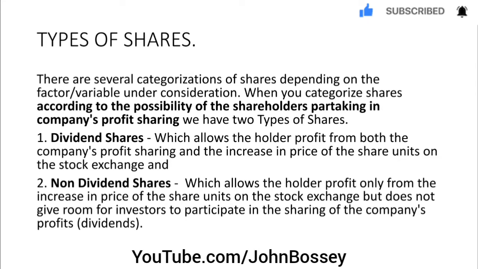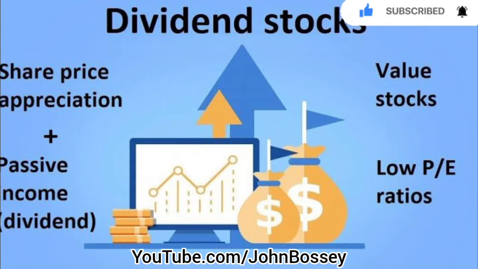Dividend shares, which allows the holder to profit both from the company's profit sharing and the increase in price of the share unit on the stock market, and non-dividend shares, which allows the holder profit only from the increase in price of the share unit on the stock market, but does not give room for investors to participate in sharing the company's profits. That is the dividends. So we have share price appreciation and passive income you can get through shares in the form of dividends.